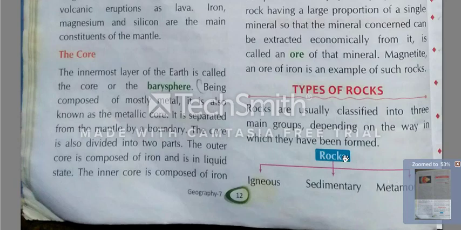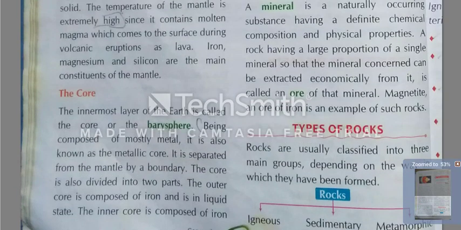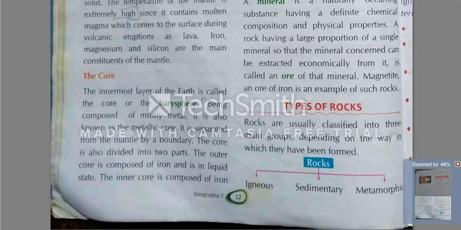Clear? Igneous rocks and sedimentary rocks and metamorphic rocks, about these we will see in class. About these three rocks we will discuss in the next video. Clear? And please, if you have the book, just go and read about the igneous rocks, sedimentary rocks and metamorphic rocks.